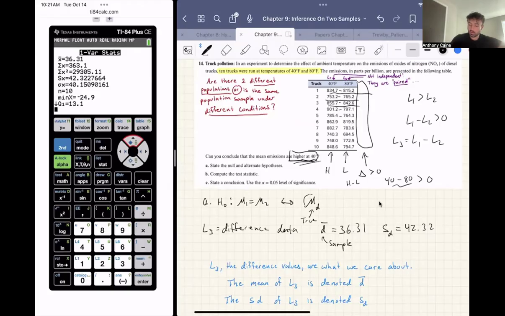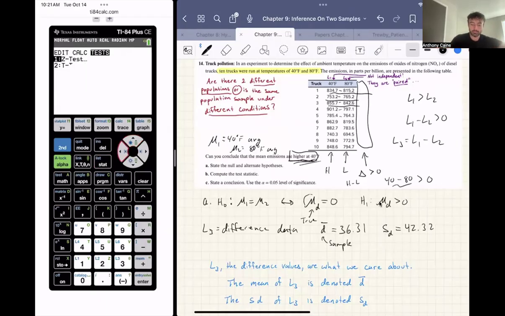The null hypothesis is saying that no, we don't; emissions stay the same. The alternate hypothesis asks if they're higher at 40, which by design, since mu1 was for the 40-degree average and mu2, I'm being lazy, is for the 80-degree average. Mu1 minus mu2 is the difference.